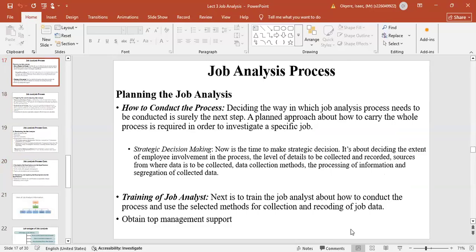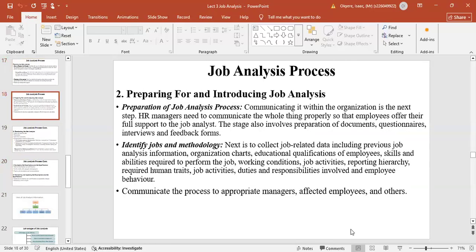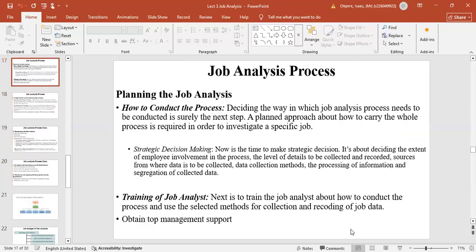There are 5 processes of doing job analysis. When you are doing job analysis, you need to go through these 5 processes. One, the first one, you engage in planning the job analysis.